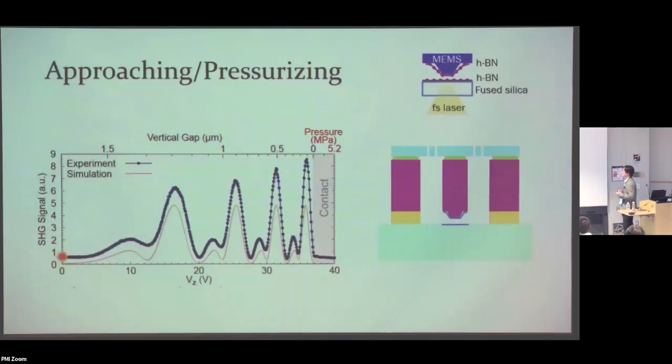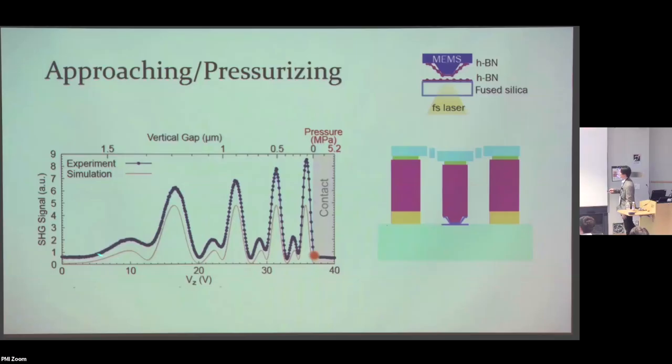Well, I'll just jump to some experiments we have been performing using this new platform that we developed. So well, just to show you that this device actually works, right? This is showing some optical response if you just shine a femtosecond laser into two pieces of hBN that are being rotated and pressed against each other. So what you can see here is that there is this kind of oscillation as you approach it, right? And this is actually quite expected because there is optical interference, right?